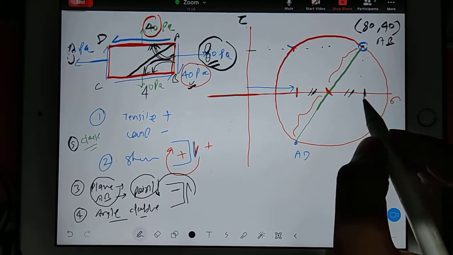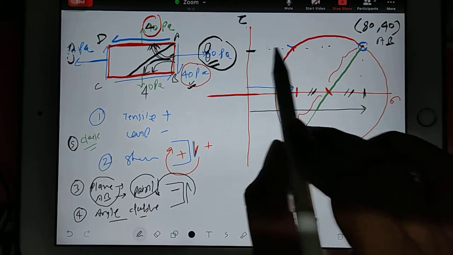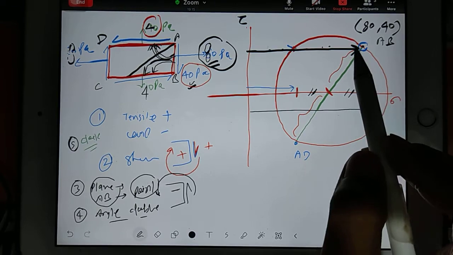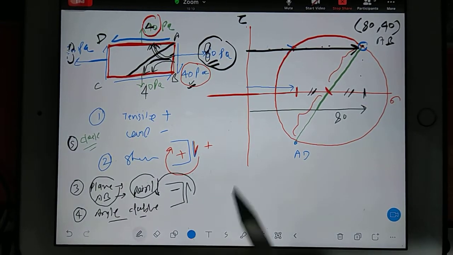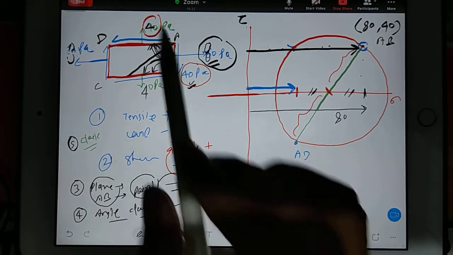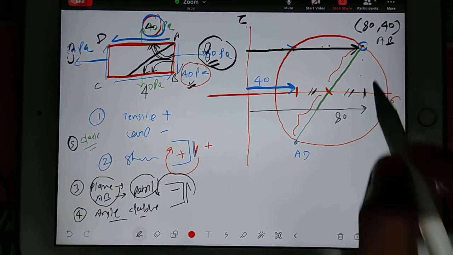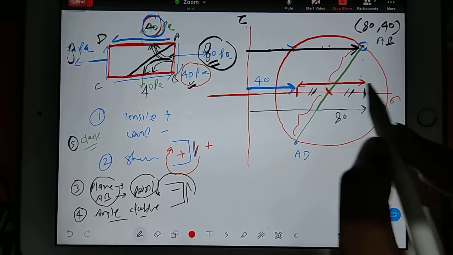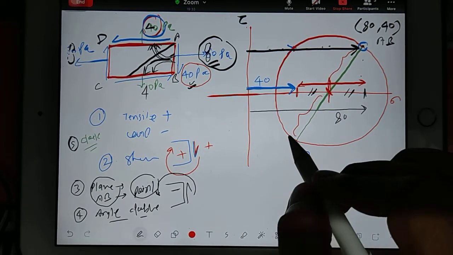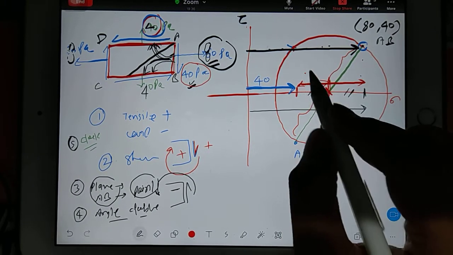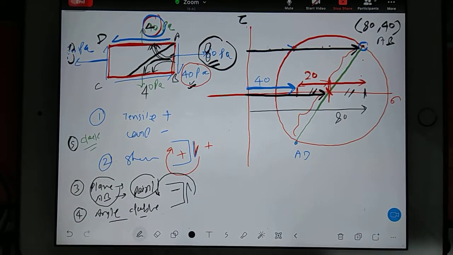Next part, this total length is nothing but this stress, that is nothing but your 80. So this total length is 80, and just now you see this length is 40. So if you want to find out this total length, that is nothing but 80 minus 40. So this total length is 40. Now half of that will be 20.